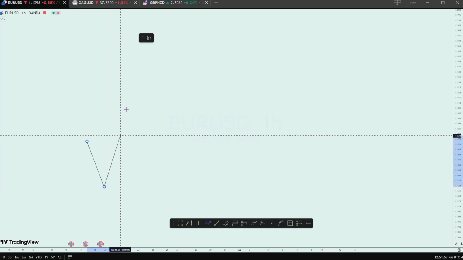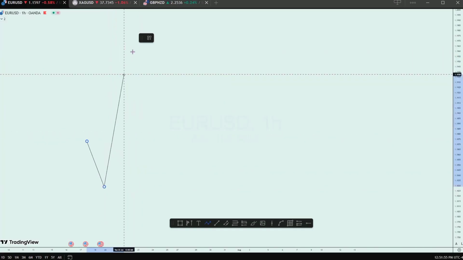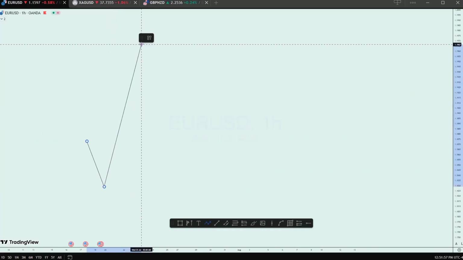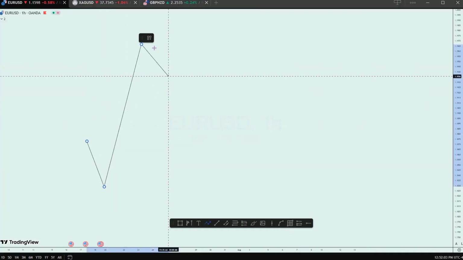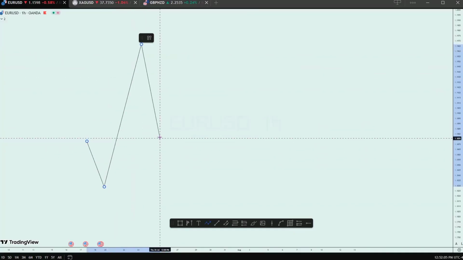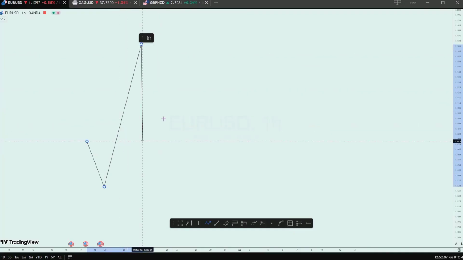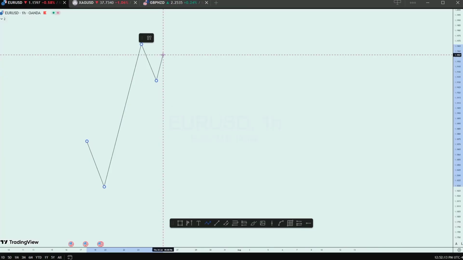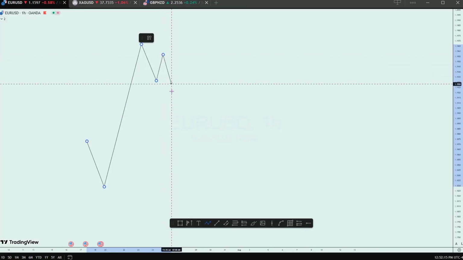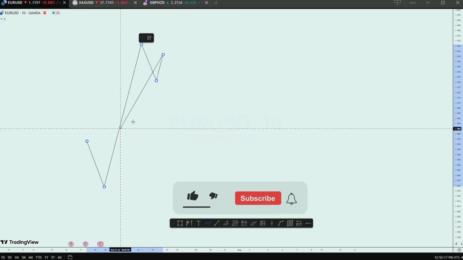This is our swing structure. This is the main point we'll be focusing on if we want to take a trade. This is our swing structure, our main structure. Then this one I'm drawing will become our substructure because it's inside our main structure.